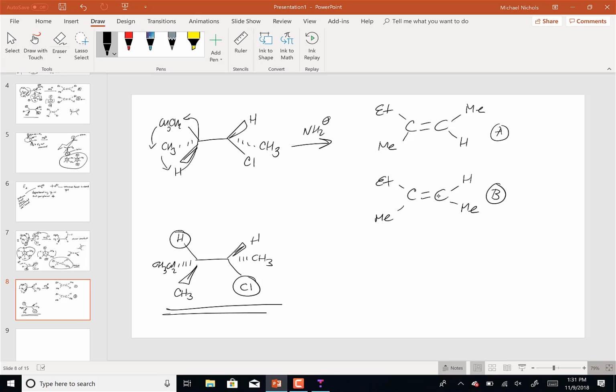I'd have to go to the computer, figure out the energy of this and the energy of that, and whichever one had the lowest energy would be more stable. It might be intuitive, but sometimes with energies, nothing's intuitive, and we don't have a rule per se. So A could very well be the less stable product, but it's the major product in E2.